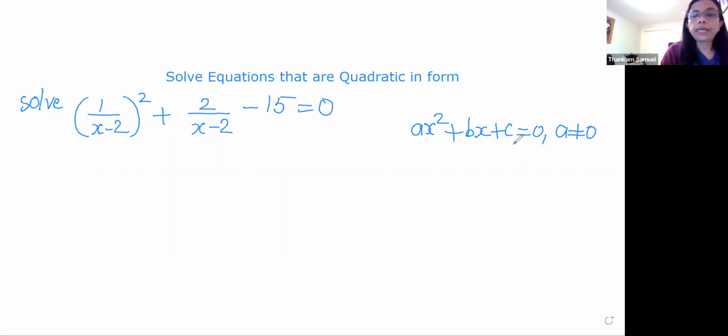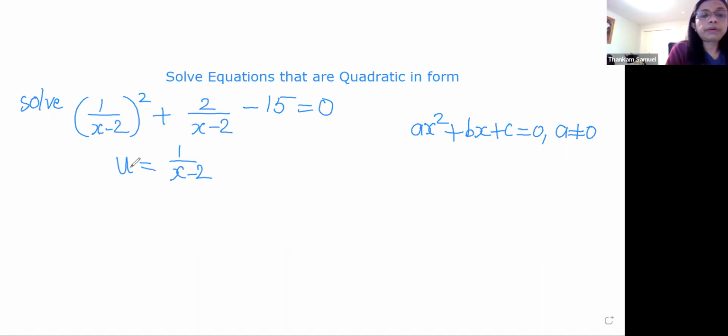For that, we can give the substitution u equals 1 over x minus 2. So here we use u as the substitution variable. You can use any variable other than x instead of u to do the substitution.